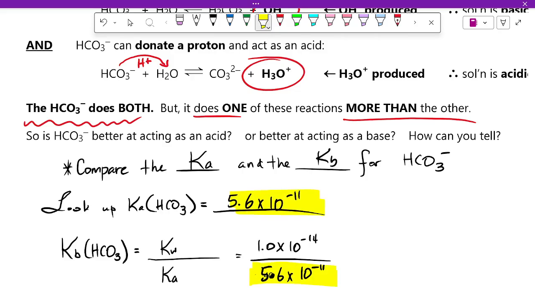We need the conjugate acid of it. We need the Ka of the conjugate acid, not the Ka of HCO3. Who is the conjugate acid? H2CO3.